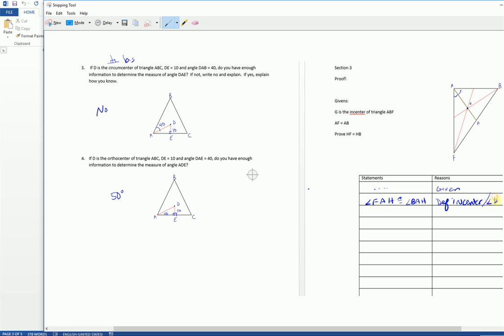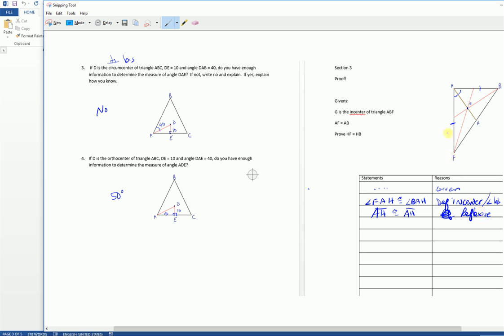So angle bisectors would have also worked. And then we had this other given in here, AF is congruent to AB, so this is going to come into play in just a second. That was already in the dot dot dots. And then we also have AH is congruent to AH, and that's going to be the reflexive property.